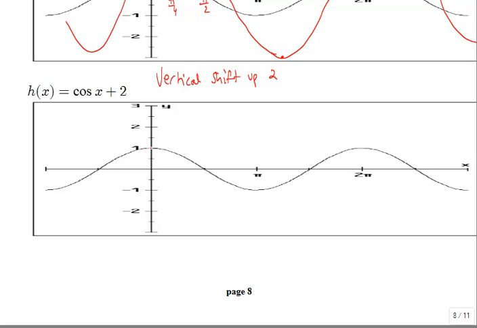So instead of being at 1 here, we're going to shift that up to 3. Instead of being at 0, this is going to shift up to 2. Oops. Instead of being at -1, that's going to shift up to 1. This 0 shifts up to 2, and this peak at 1 shifts up to 3. So here's my U shape. And then you can continue the pattern from there.